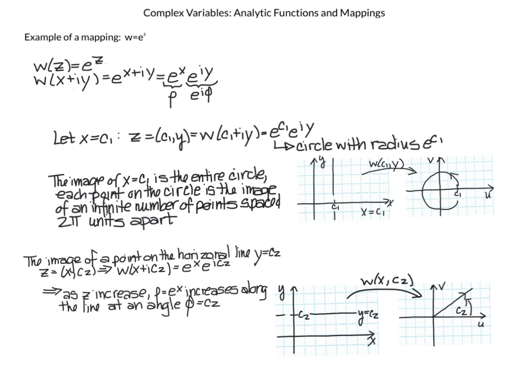But here our i c2 is going to be held constant, so our angle is held constant at theta. So the angle is constant as our radius increases. These horizontal lines get mapped to a ray where the angle between the positive real axis and the ray is equal to c2.